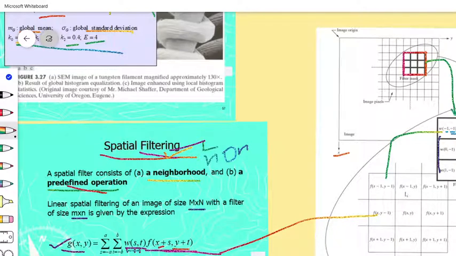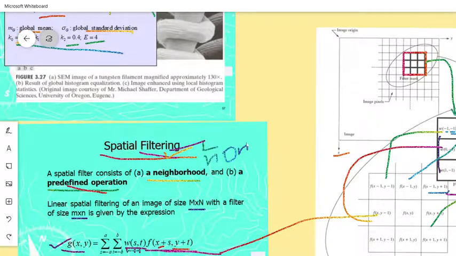In a similar way, this is x minus 1 comma y, because it is x plus s comma y plus t, and so on. This way we get the pixels of the image section under the filter, and then we multiply these two.